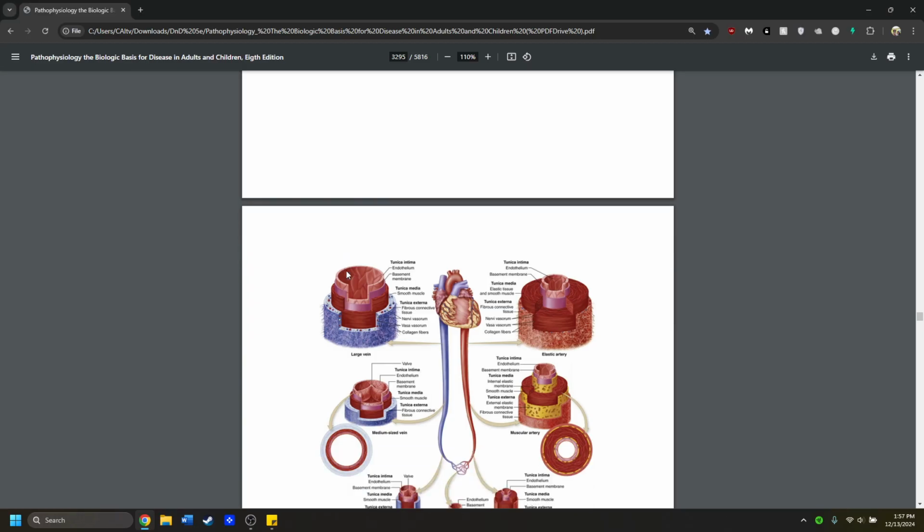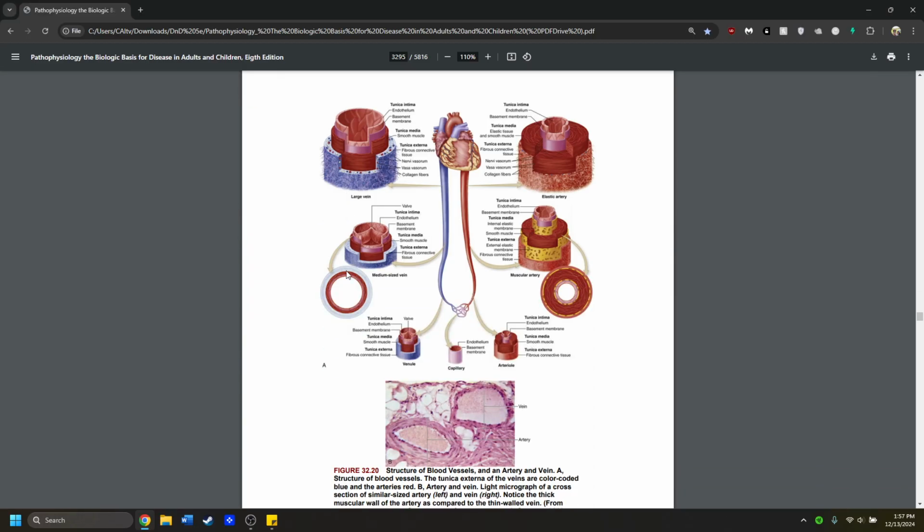So here we're looking at the internal, the medial, and the external layers, both in large veins and arteries, as well as in a medium-sized vein or muscular artery, and then also in the arteriole, venule, or capillary where they interchange.